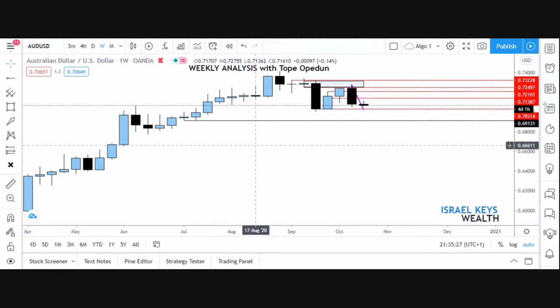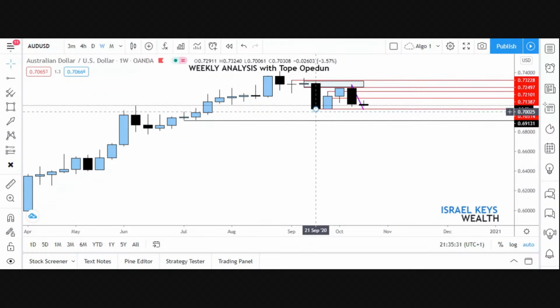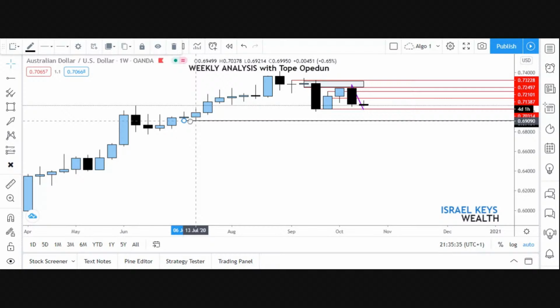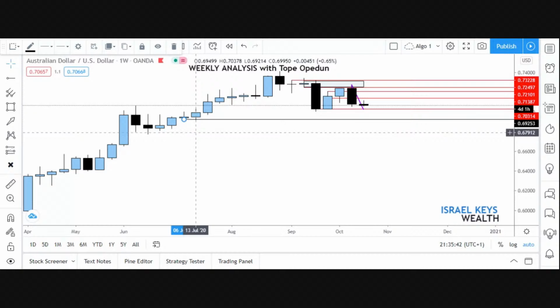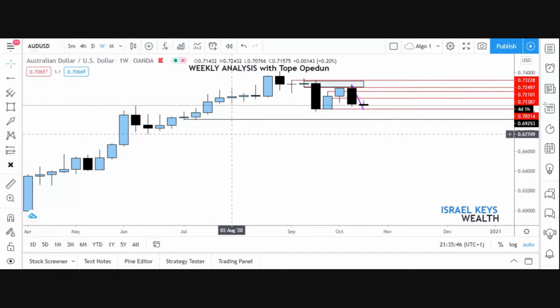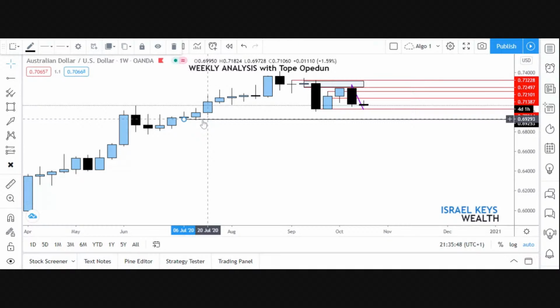Once they take this low, they will take the 21st as well. And if momentum is on their side, they will definitely take the week low from July 13th, and then the 6th of July as well. Those weekly lows, they will take them out.